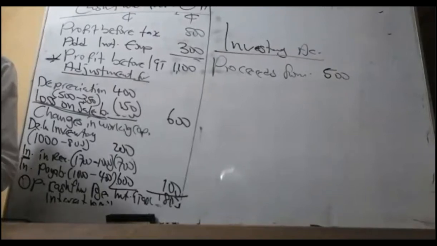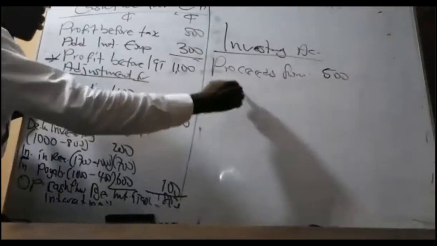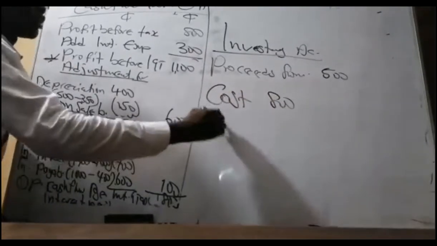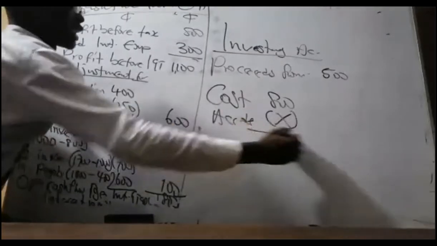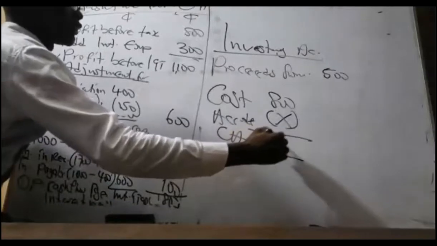In this case, how are you going to find the accumulated depreciation of the disposed asset? The asset cost, we don't know. In fact, we know the cost of what? 800. Accumulated depreciation, we don't know. And they have subtracted it, and they had a current amount of 350.